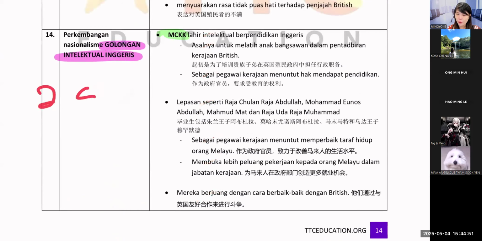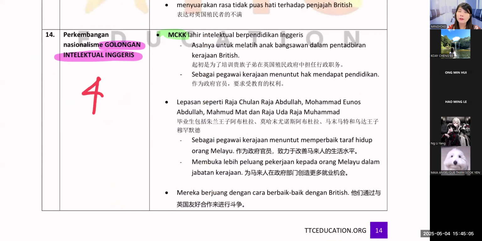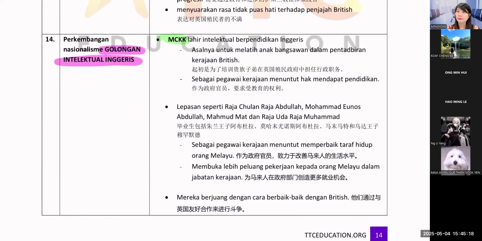So it's 2 to 4 for structure, and 4 to 8 for essay. If you can memorize 4, then you memorize 4. If you can memorize 8, you memorize 8. Otherwise, if in between 4 to 8, you memorize 6. Faham?